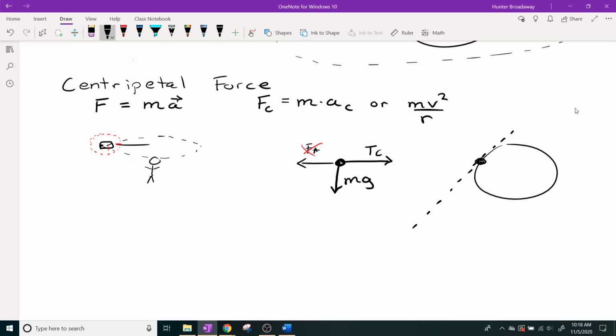Okay, so really what happens here is this is just an object in motion wanting to stay in motion. So if the car is going around the corner like this, and you lose this centripetal force that goes in, if this goes away and it's gone completely, you will just continue to move this direction.